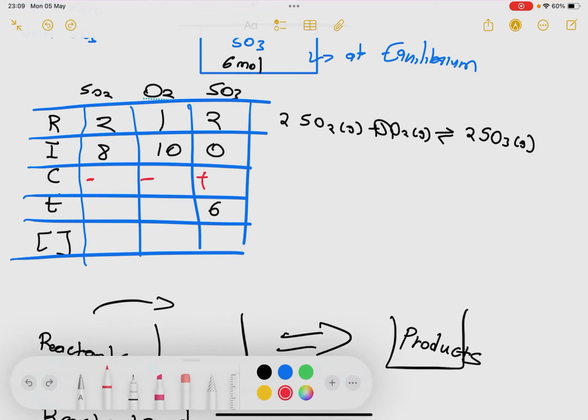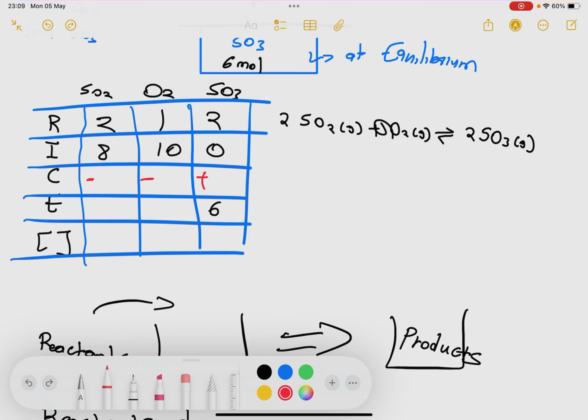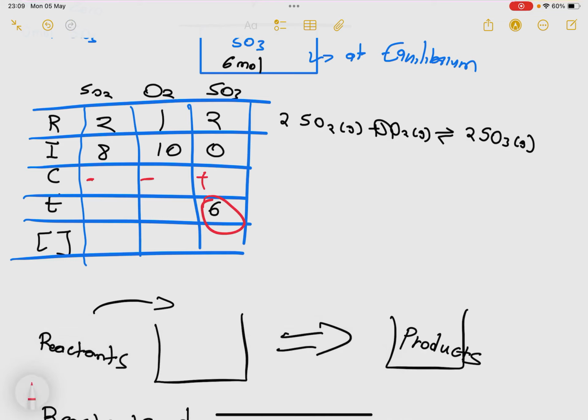So in other words, what must SO3 increase with such that at equilibrium we've got 6?